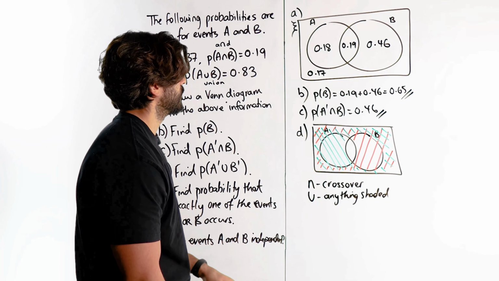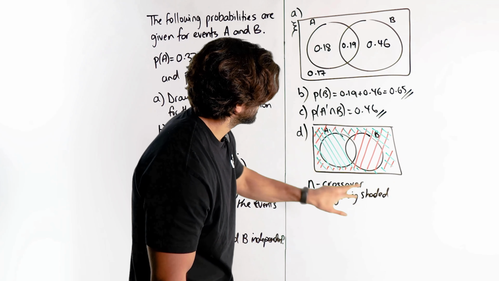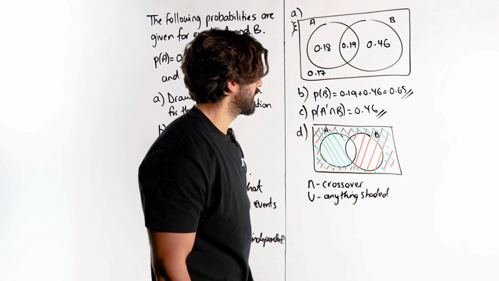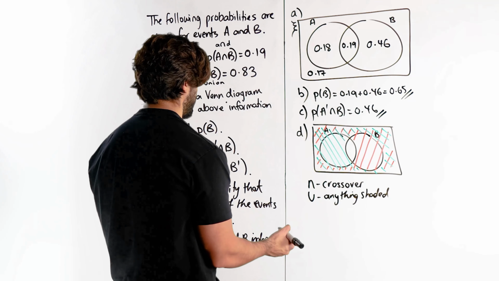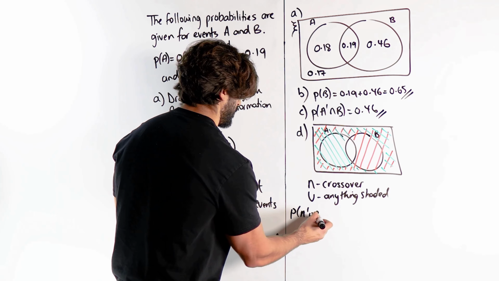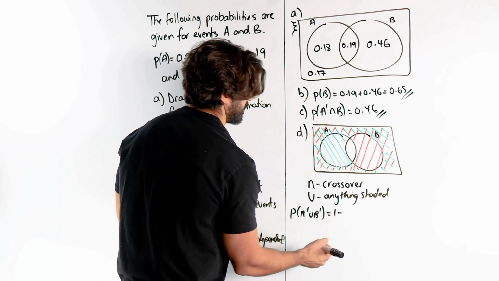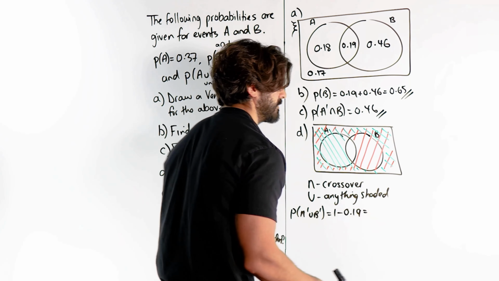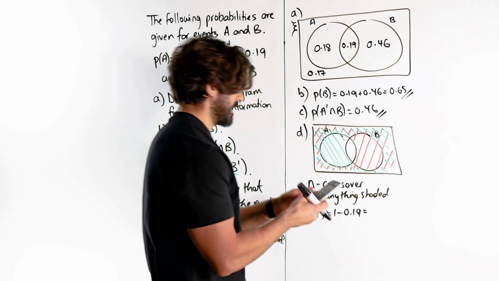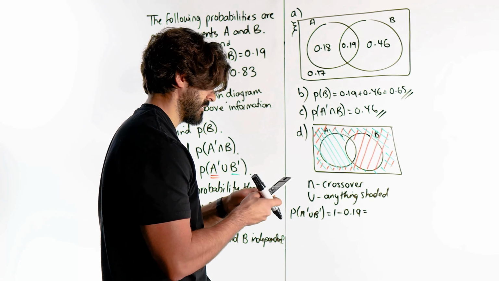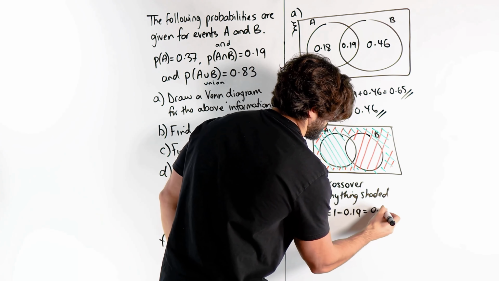So to find anything that's shaded, we're just going to identify the middle and do 1 minus that, because we know everything adds up to 1. So in our case, the probability of not A or not B is 1 minus the middle, which is 0.19, which gives me 0.81. But you can never be too sure these days. 1 minus 0.19, 0.81, never in doubt.